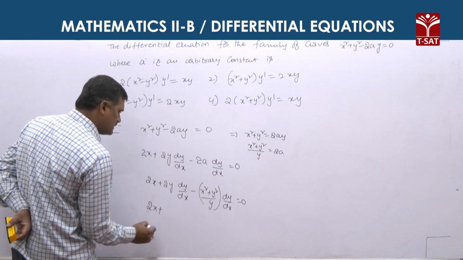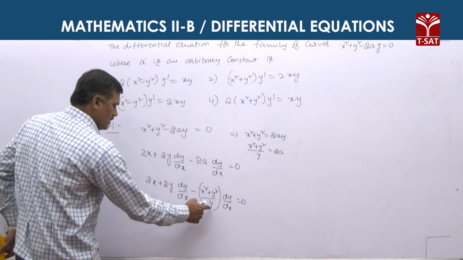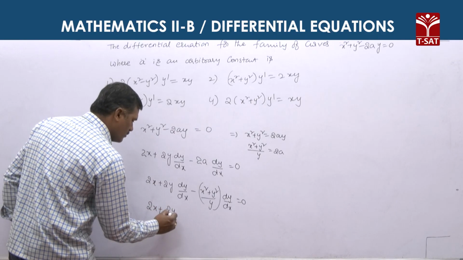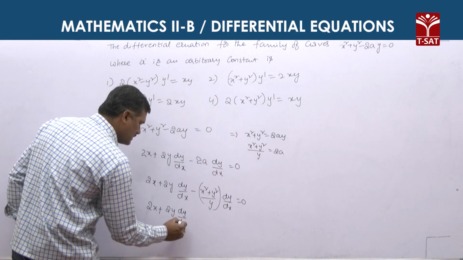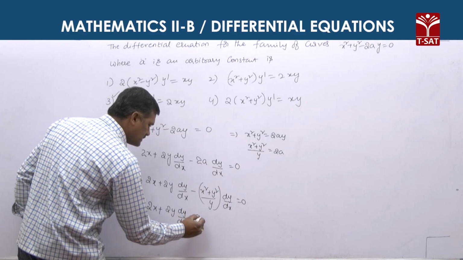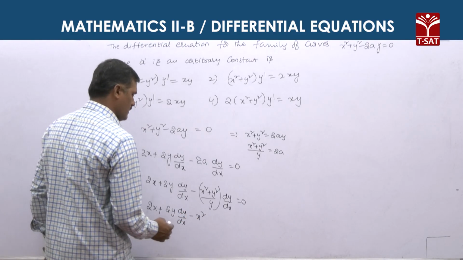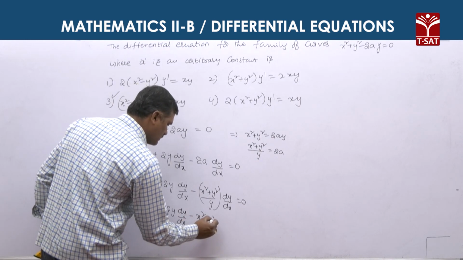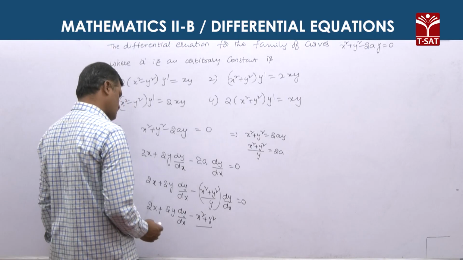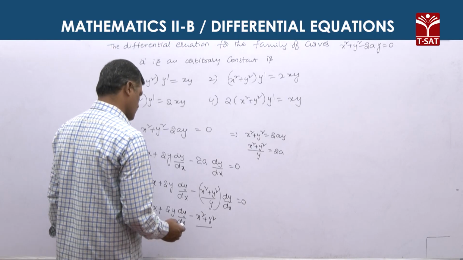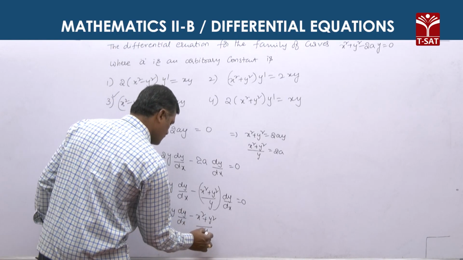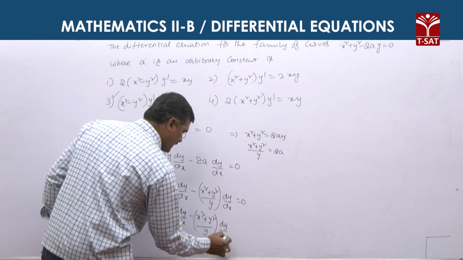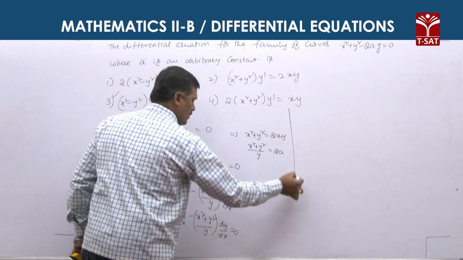Now the equation becomes 2x plus 2y into dy by dx minus (x square plus y square) by y into dy by dx is equal to 0.